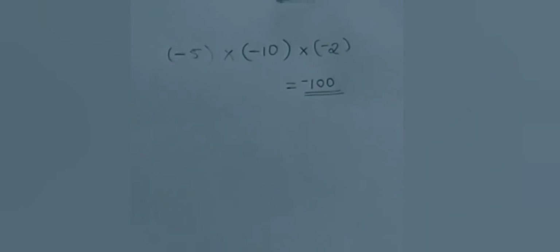Now we have to check how many negative integers we have. 1, 2, 3. We have 3 negative integers. 3 is an odd number, so the product is negative 100. If the number of negative integers is odd, their product is always a negative integer.